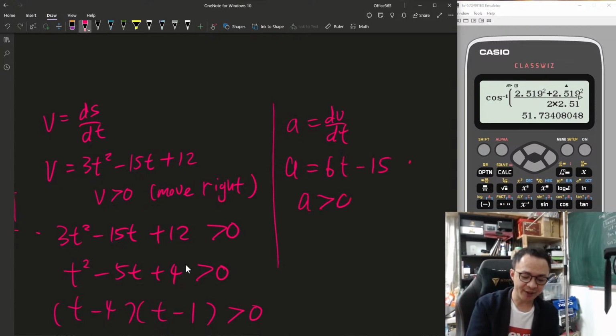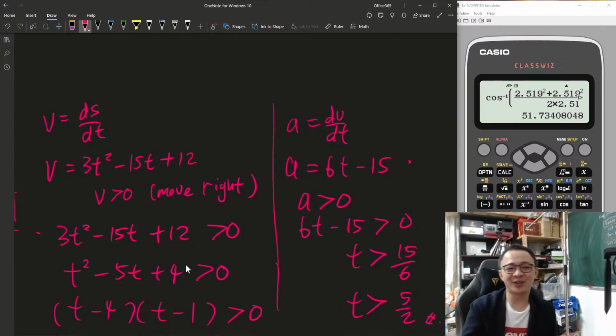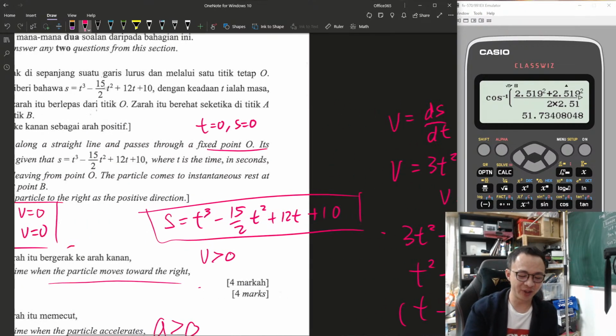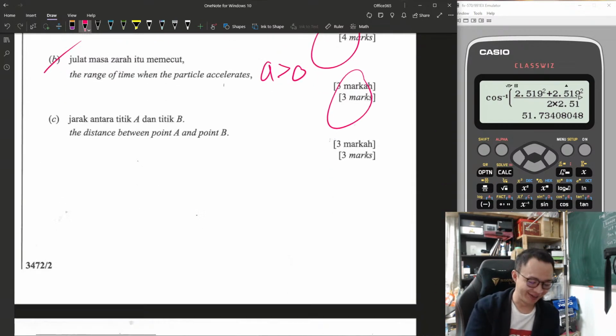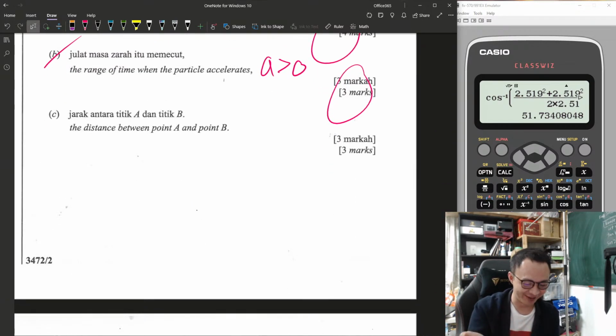When a is bigger than 0, 6t minus 15 is bigger than 0. So t is bigger than 15 over 6, which is 5 over 2. Done. This is the reason why I love kinematics. It's so easy to get the 7 marks. Literally only 10% of the effort compared to solution of triangle.